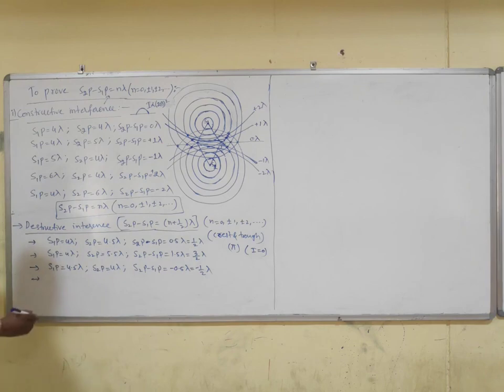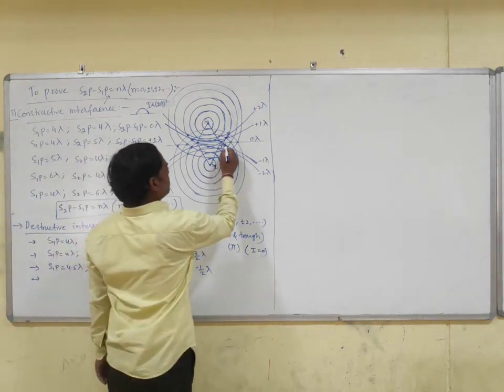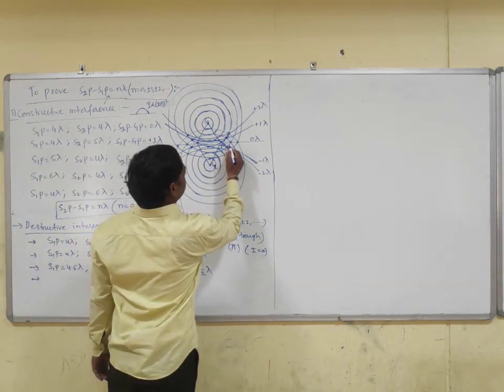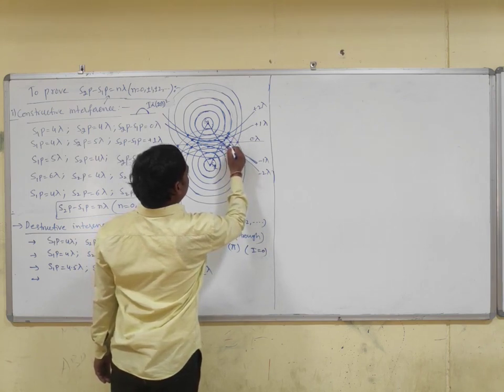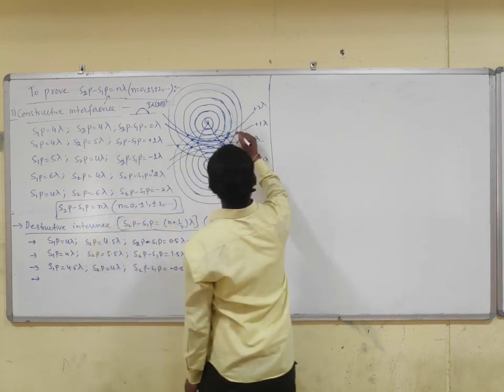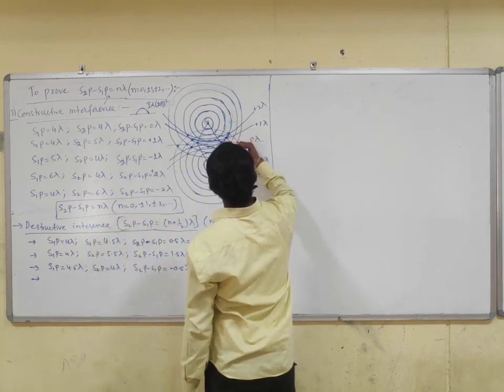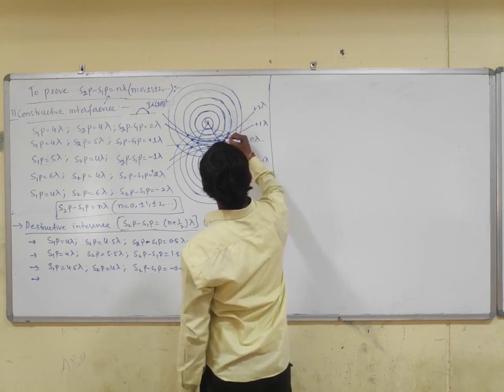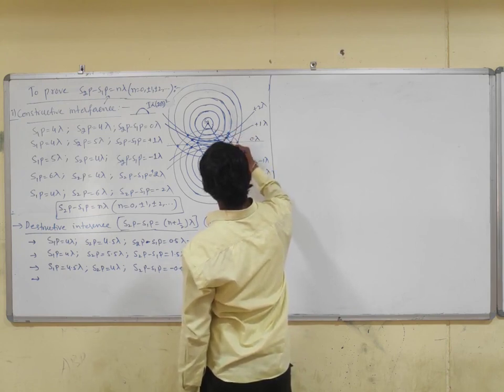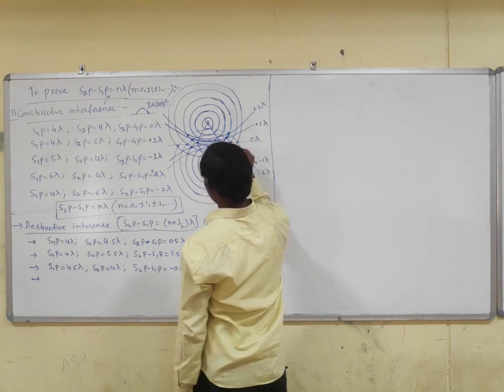Next, similarly, if you take next point, okay. If you take next point, this point. 1, 2, 3, 4, 5.5. 1, 2, 3, 4.